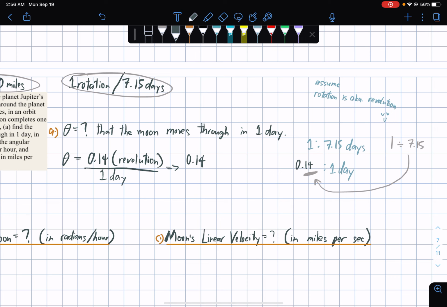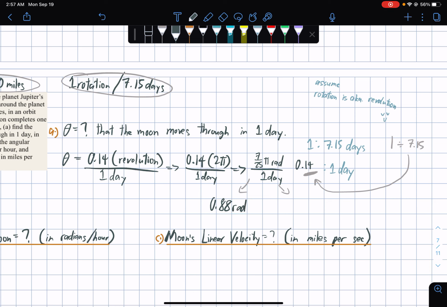So 0.14 times 2 pi over 1 day. 0.14 times 2 pi is 7 over 25 pi radians over 1 day, which is, in other words, 0.88, the same as earlier. Radians, this is also in radians.